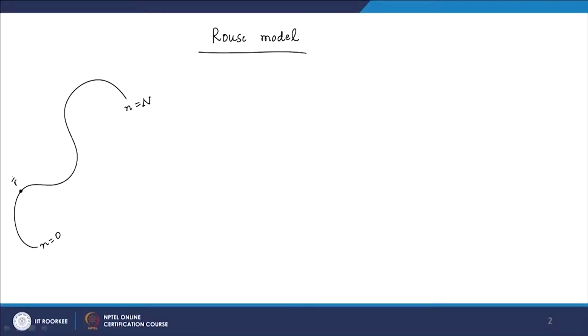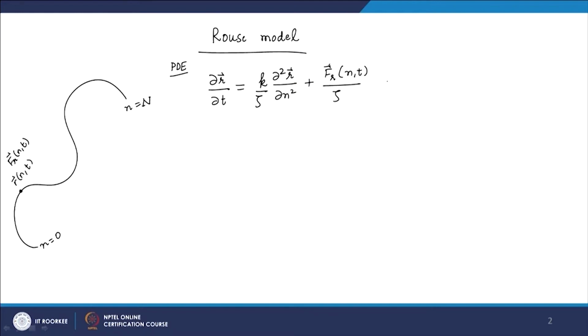Where we have a contour variable n equal to 0 to N, and we talk about the position of a segment r(n,t) and the random force acting on the segment like this, and then the original equation is a partial differential equation with boundary conditions ∂r/∂n equal to 0 at n equal to N.